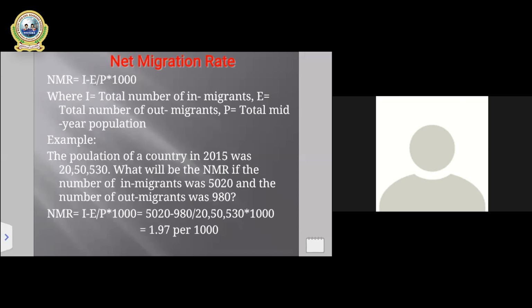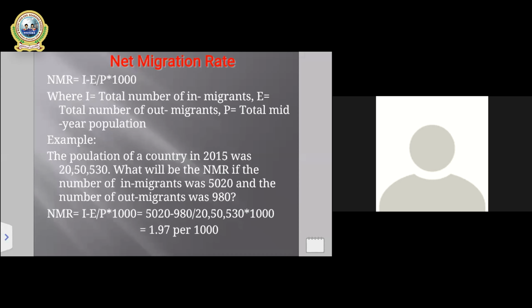What will be the NMR if the number of in migrants was 5,000 and the number of out migrants was 500? Thus, I have replaced the numbers only, so by using the formula we can easily calculate the NMR, net migration rate. Right?